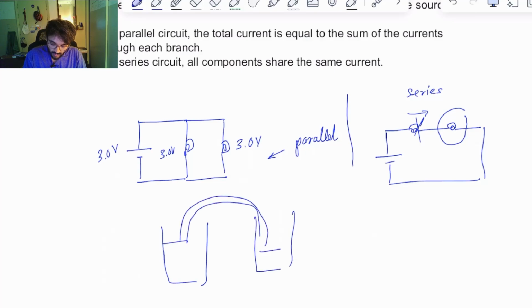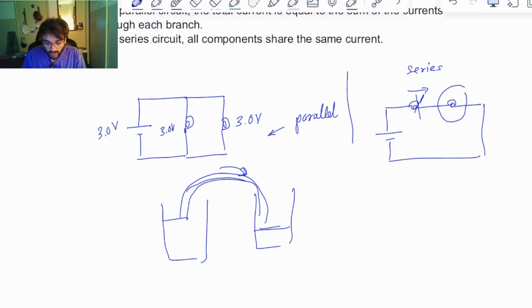Let's say the water is going from left to right, right? The height difference should be there. But the water flow will continue to happen only as long as there is some height difference, right? So it's not true that this thing will completely dry because of the siphon.